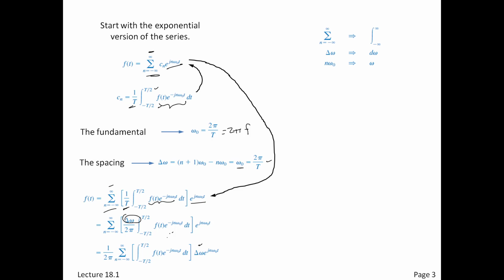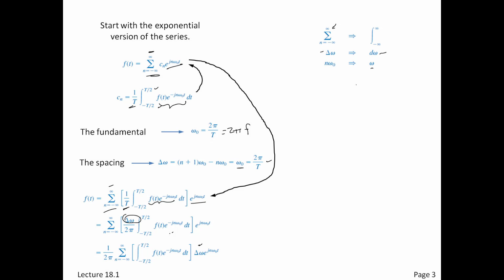Next we make these replacements. We replace the summation by the integral. As you might have anticipated, the delta w becomes dw. And any n times omega 0 is not spacing but the absolute frequency, so that becomes w. This takes place for any of the given frequencies.